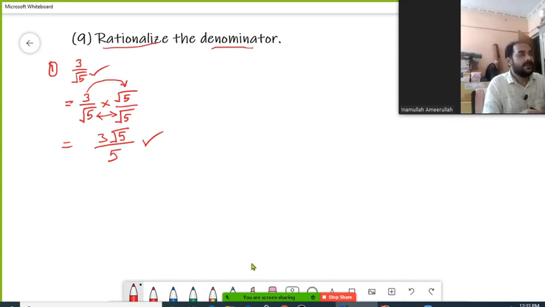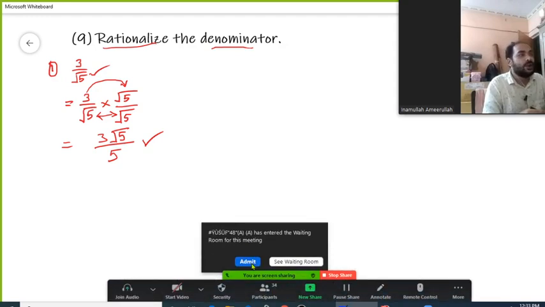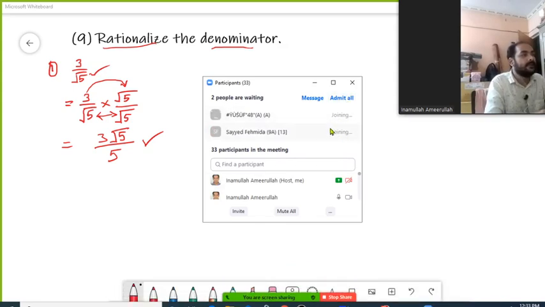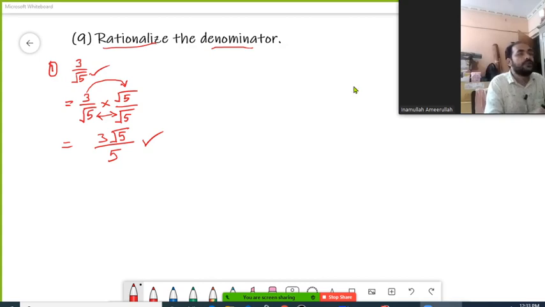That's why we followed this procedure to simplify our denominator, and after simplifying the denominator, it becomes 3 root 5 upon 5. This way we can rationalize the denominator of any given fraction.